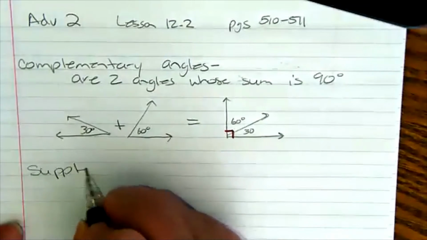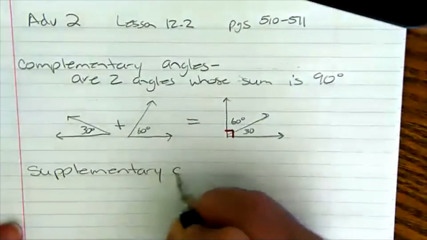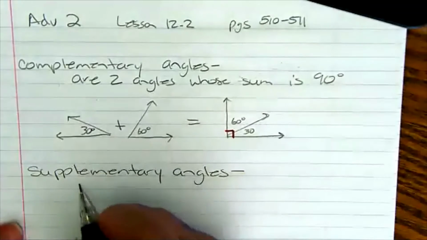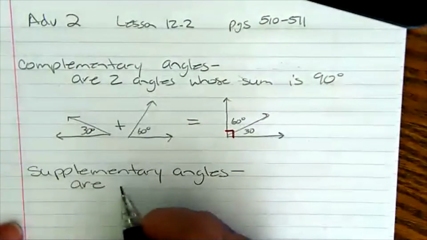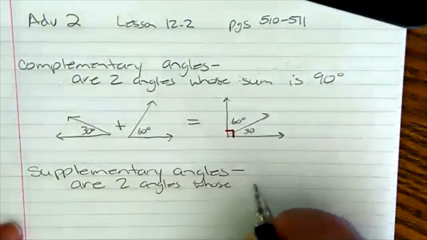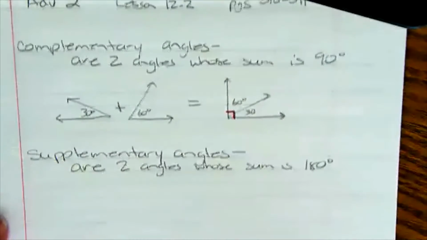Let's talk about supplementary angles. What are supplementary angles? Supplementary angles are two angles whose sum is 180 degrees.